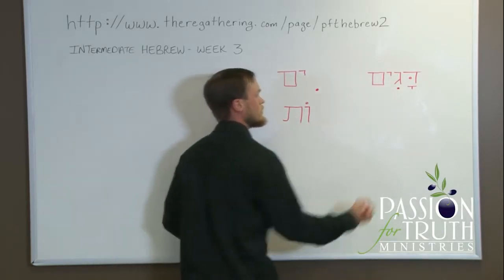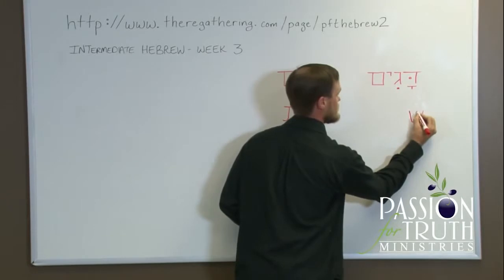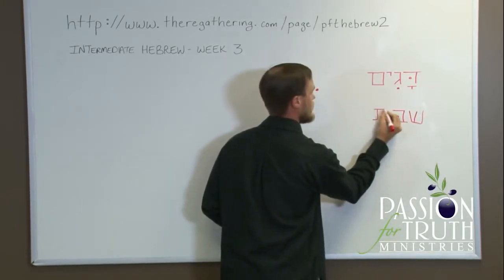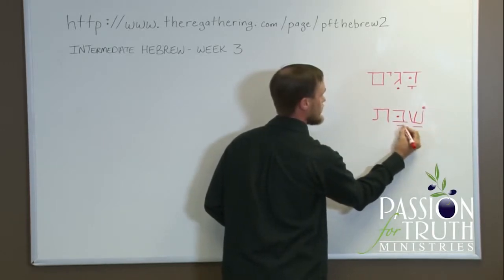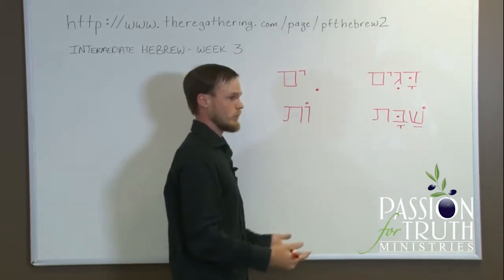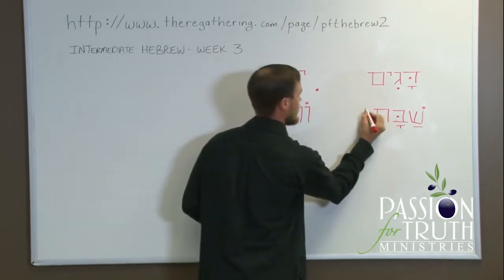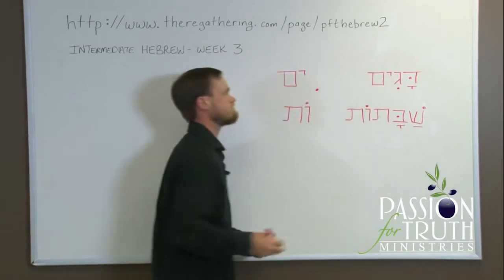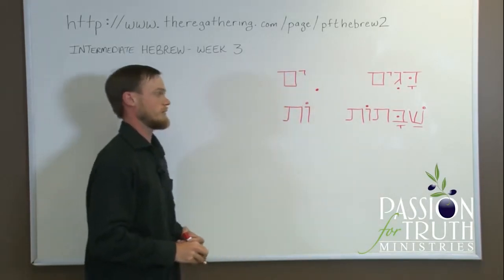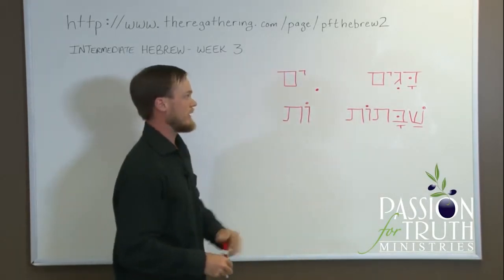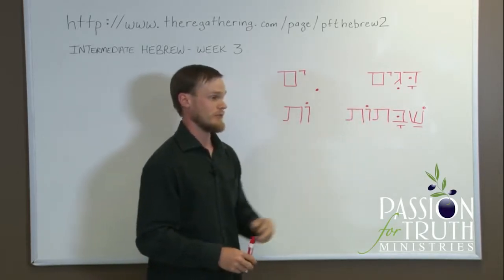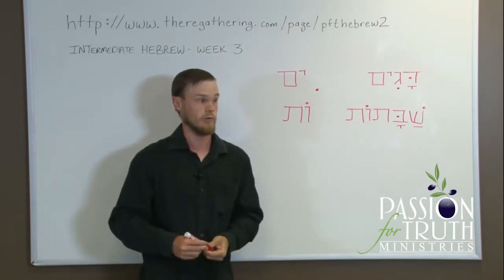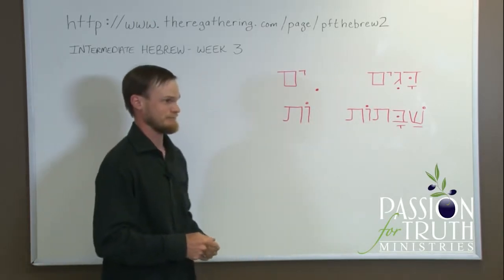And to change Shabbat into Sabbaths, more than one Shabbat, becomes Shabbatot. Dag is a masculine noun, so it takes eem. Shabbat is a feminine noun, so it takes ot. Okay? So that is the standard rule, and this applies in most cases.